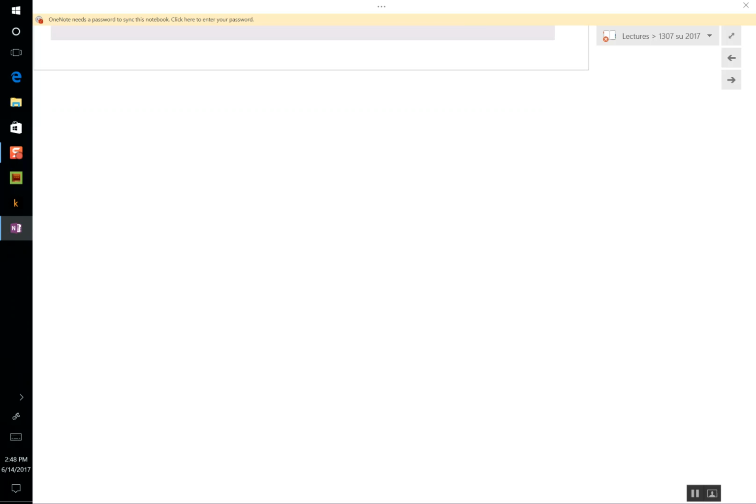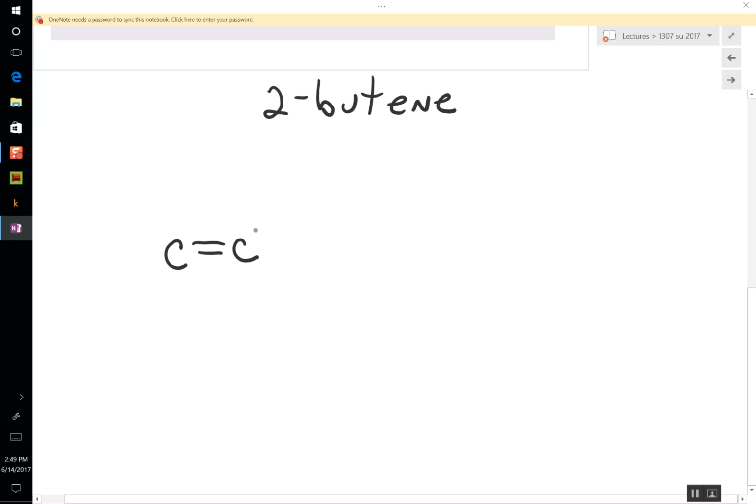Why is that? So let's think about 2-butene for a second. I'll draw the structural diagram. There's my double bond. There's my 4 carbons.